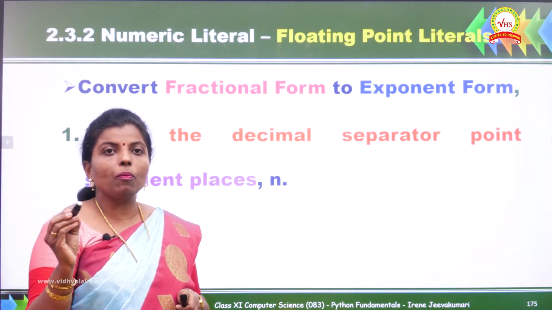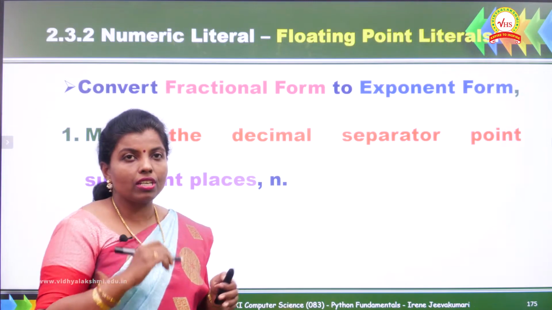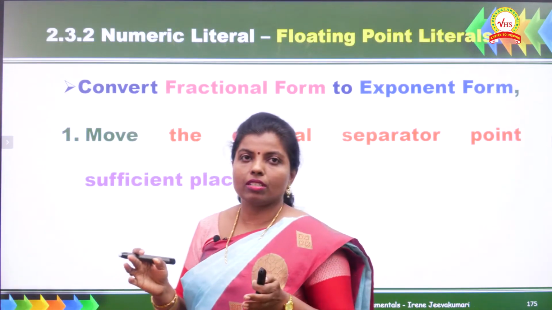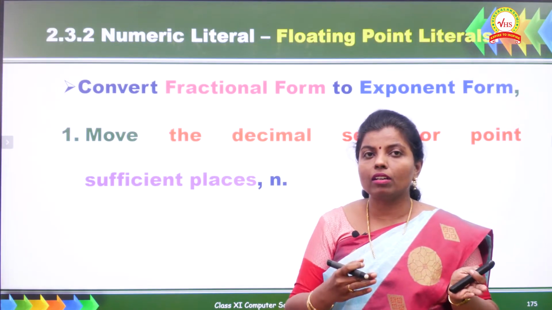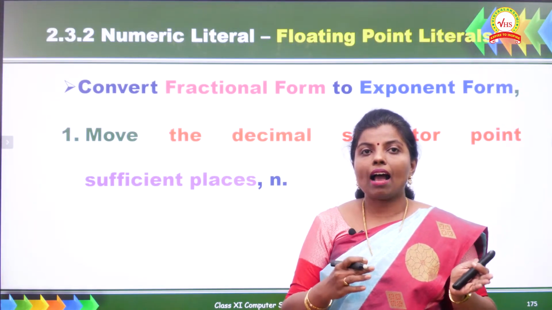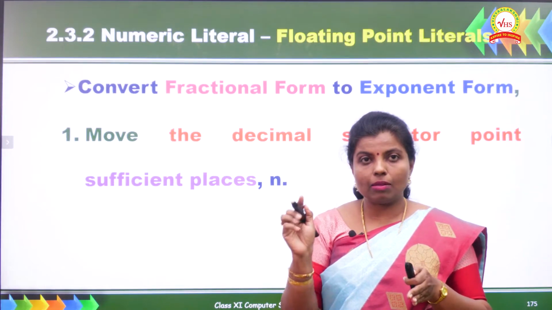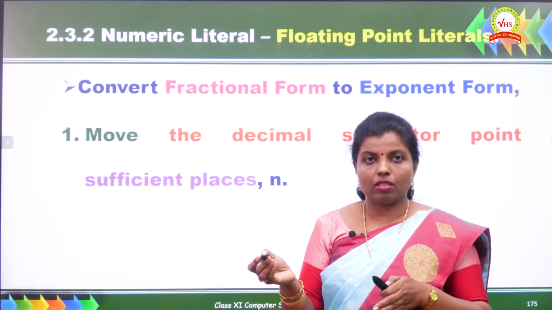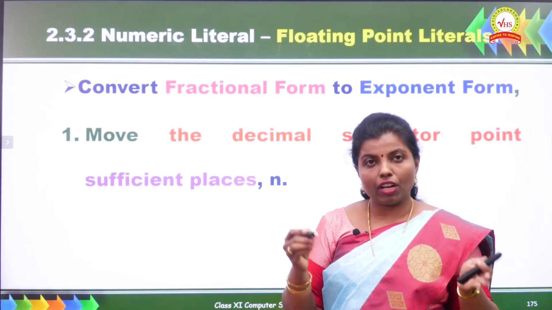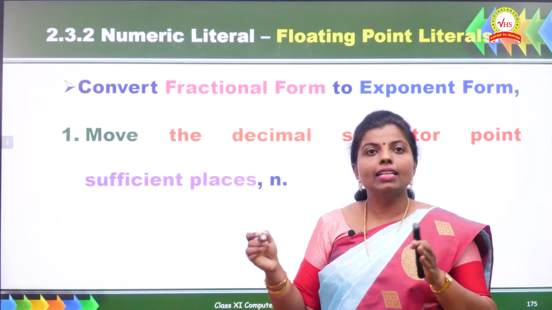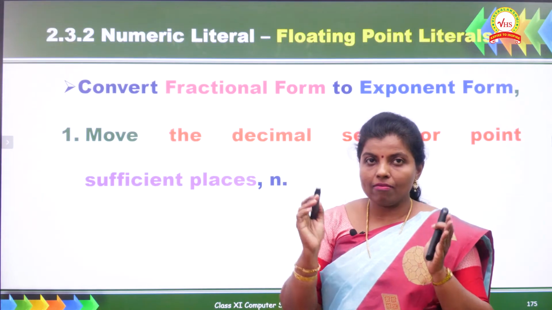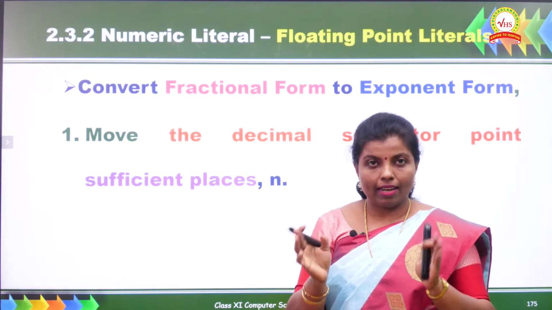The decimal point may be somewhere, and from there it has to be moved after the first digit, because when we convert the fractional form into exponent form, it takes the form m multiplied by 10 power n, and m should be between 1 and 9.